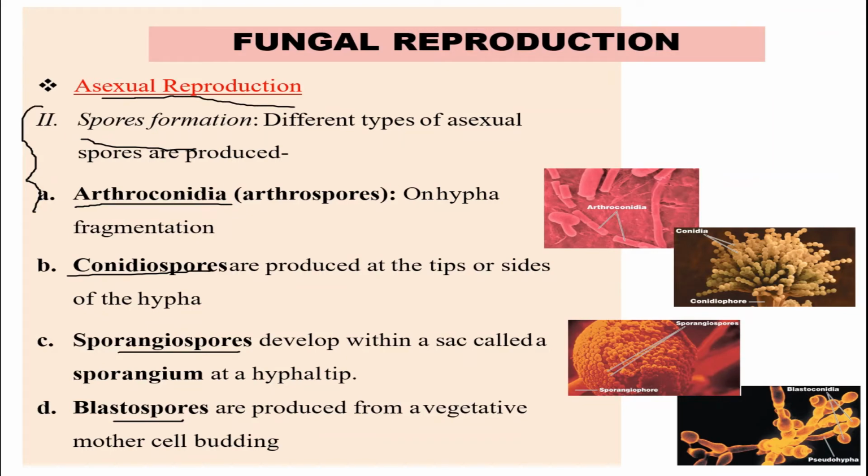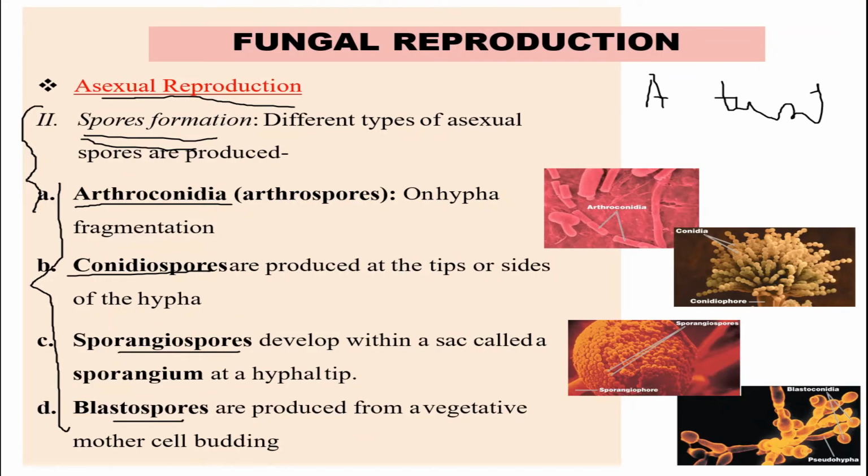So under asexual reproduction we have fragmentation, budding and fission, and we also have spore formation.